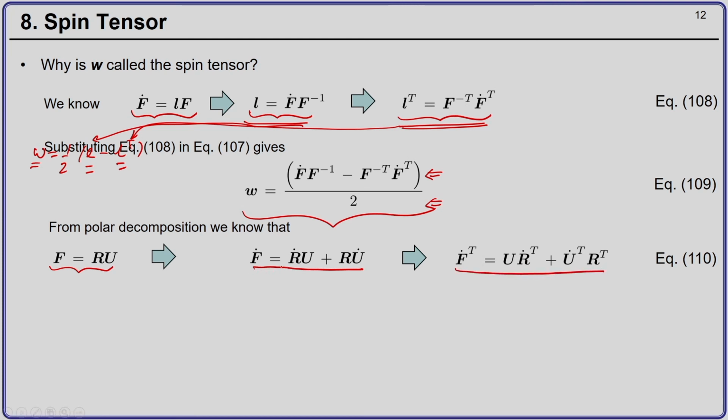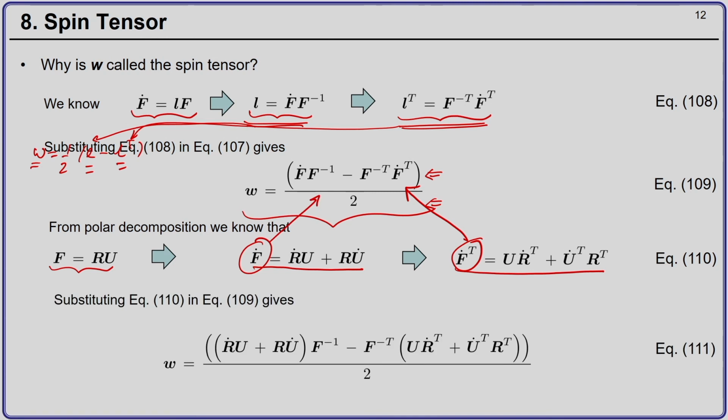Okay. And I can substitute both F dot and F dot transpose in terms of R and U in equation 109. Okay. I can substitute these here and then I will get the following expression. There is this whole bracket, and this bracket over here.